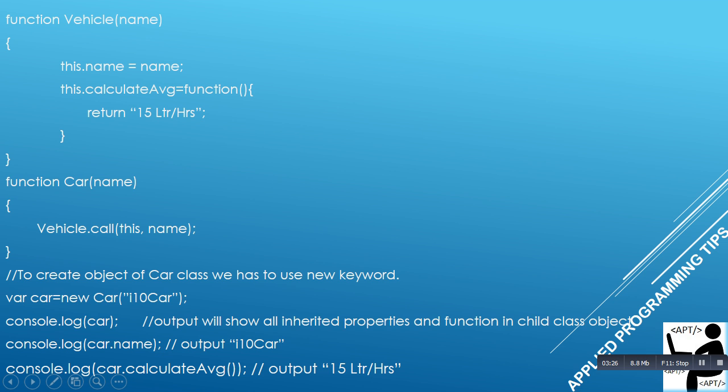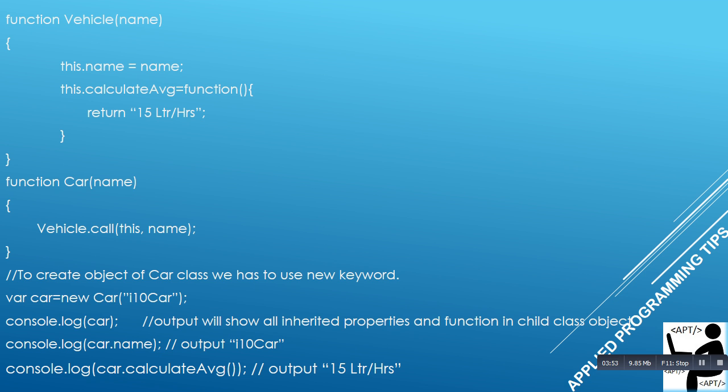I want to inherit the Vehicle class in the Car class, because we know a car is also a vehicle. I want to inherit all the properties and functions of the Vehicle class into the Car class, so that if I create an object of the Car class, I can find all the properties and functions of the Vehicle class inside the Car child class.